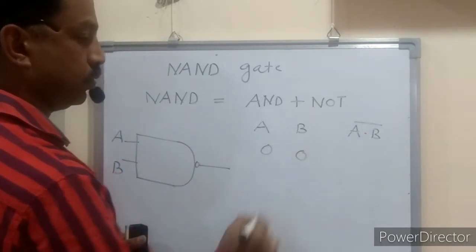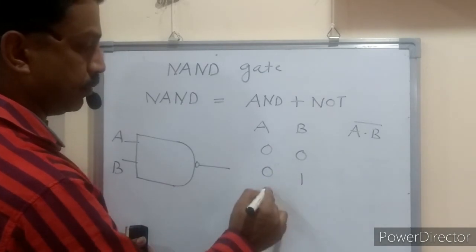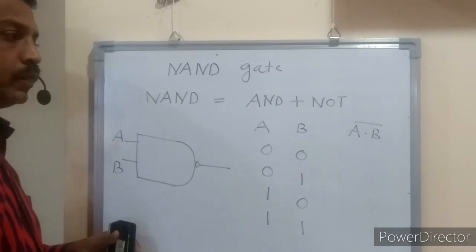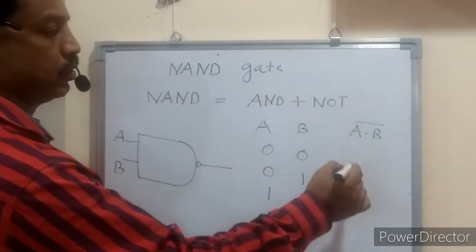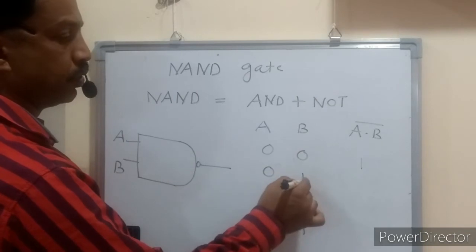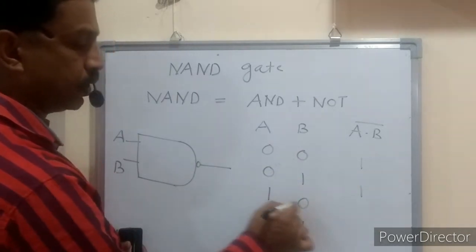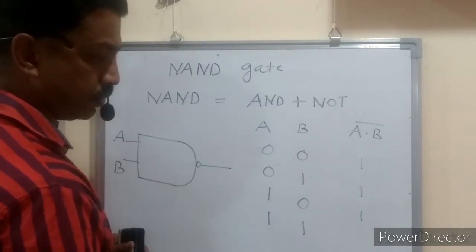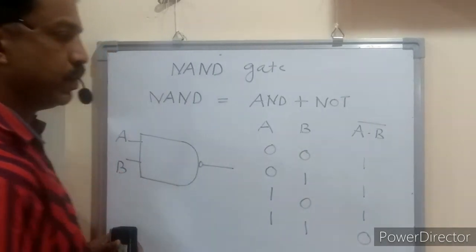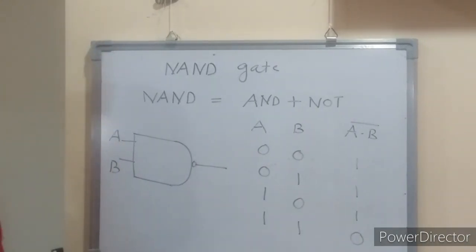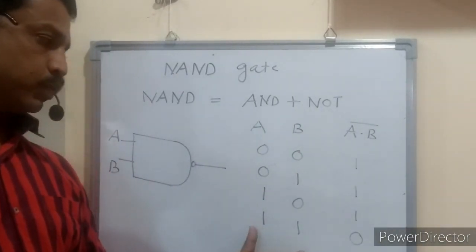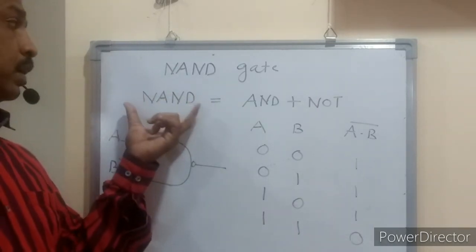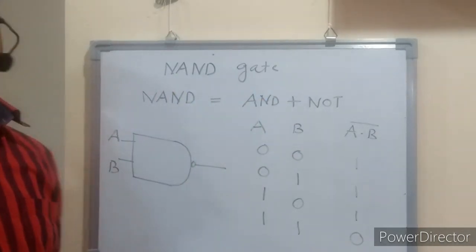Again 0 0, 0 1, 1 0, 1 1. 0 into 0 is 0, its complement is 1. 0 into 1 is 0, its complement is 1. 1 into 0 is 0, its complement is 1. 1 into 1 is 1, its complement is 0. So in this way, if any one input is 0, the output is 1. If both the inputs are 1, then the output is 0. Such type of logic gate is known as NAND gate.